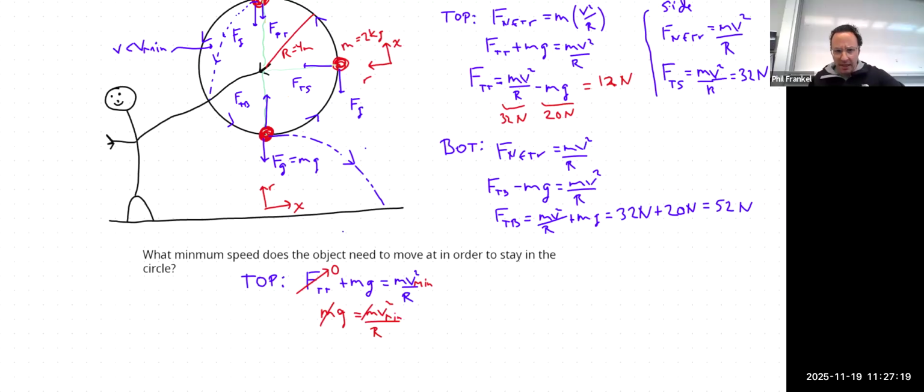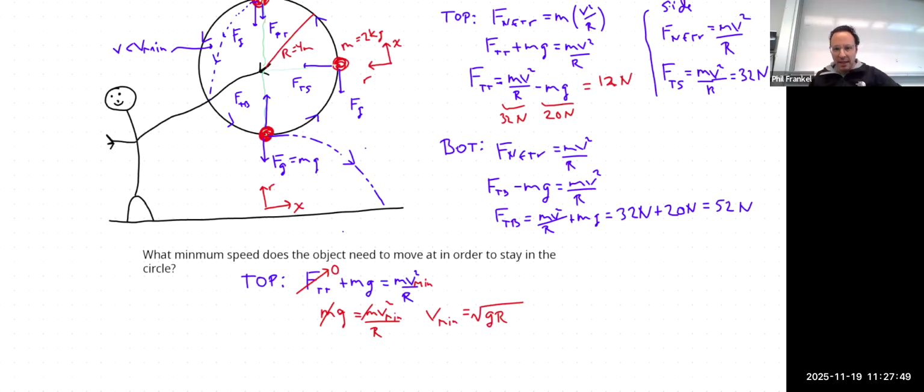The minimum speed needed to complete the circle, if we solve for it, is the square root of the gravitational field times the radius of the circle. All I did was multiply each side of this expression by r and then take the square root of each side. So how fast does something need to move in a vertical circle to not fall off at the top to complete the trip?